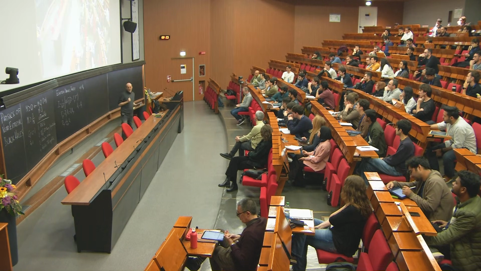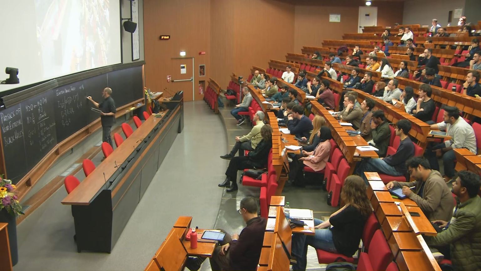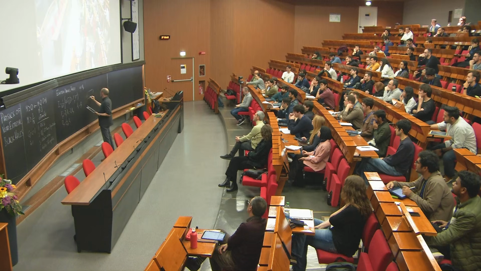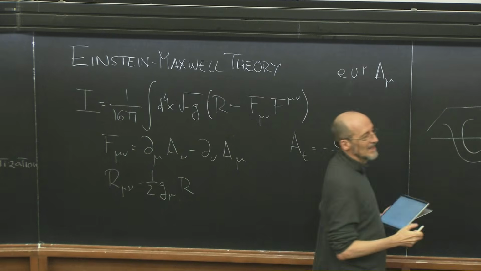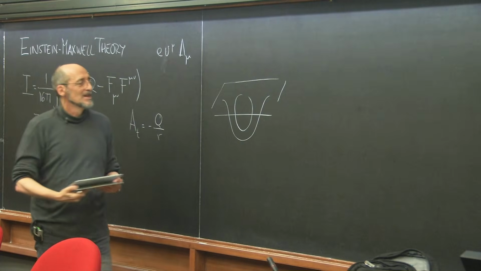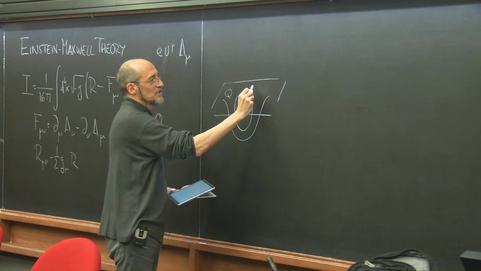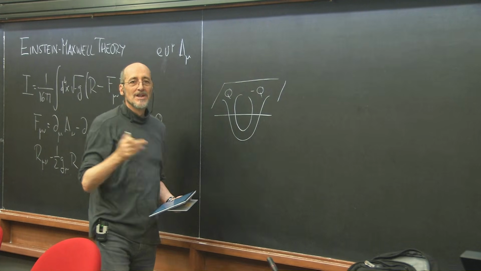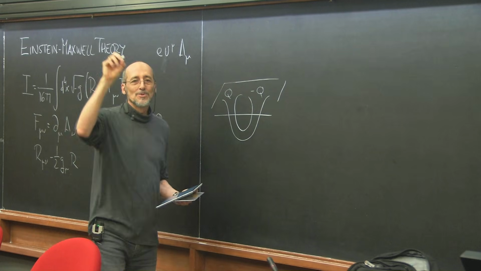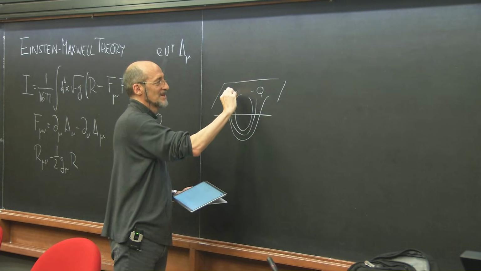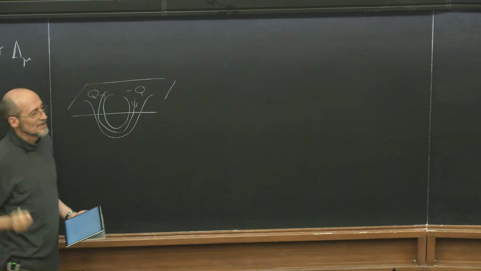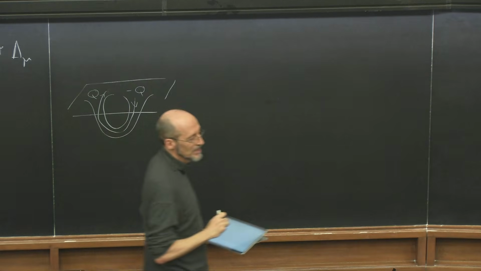If you want the picture, that's a picture that's due to Wheeler. So this would have a charge Q, this would have a charge minus Q. You need the charge to be the source of the lines of force, but here you have lines of force that don't have any source point. So I can have that.